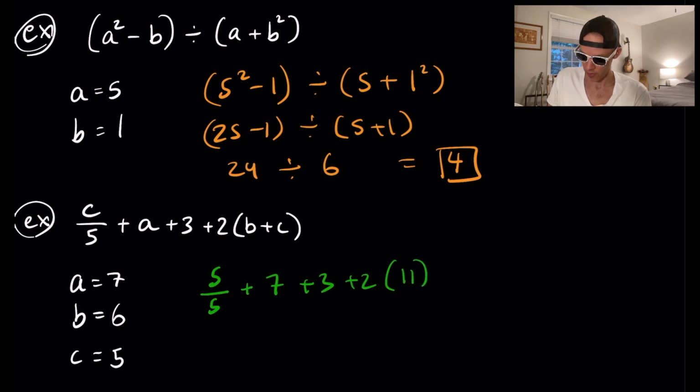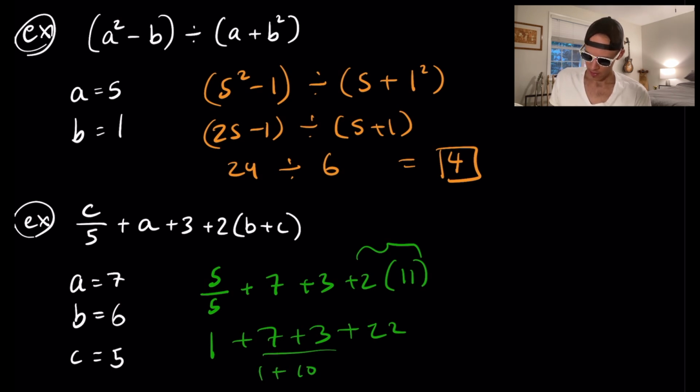So I'll just go ahead and do that. 5 over 5 is 1 plus 7 plus 3 plus 2 times 11 is going to be 22. And then we just add. So I might do 7 plus 3 first because that's 10. And then we have 1 plus that plus 22, which is going to be 33.